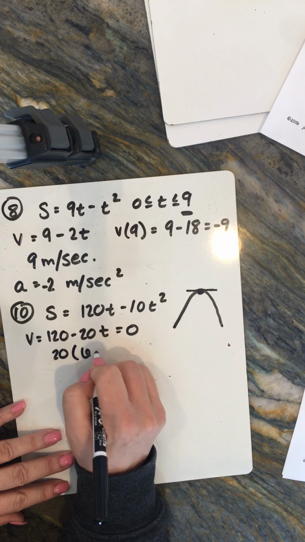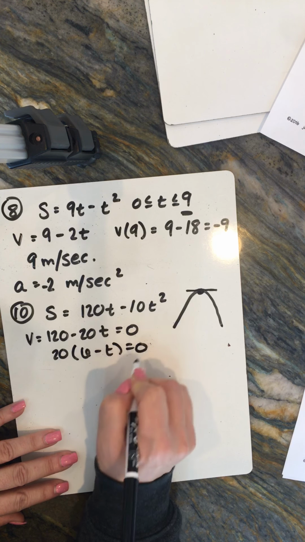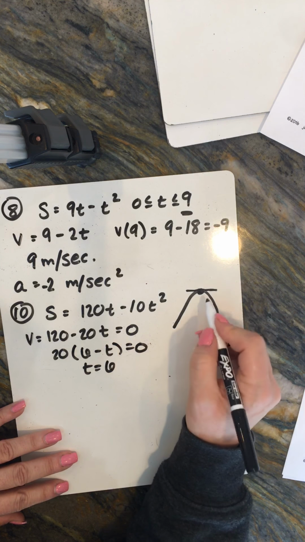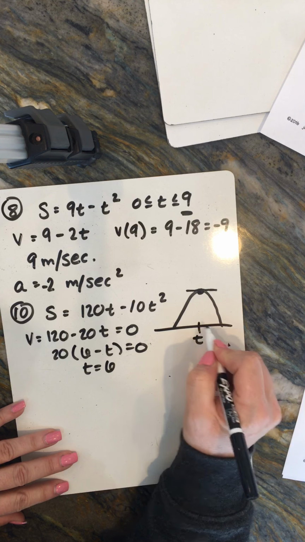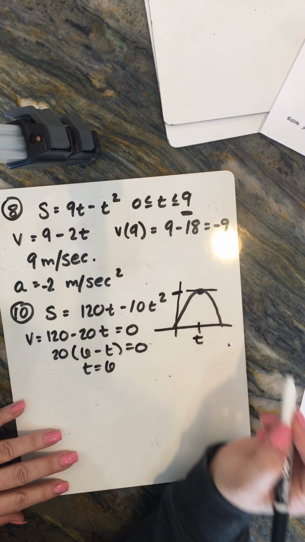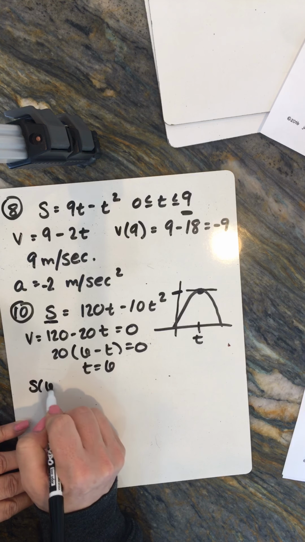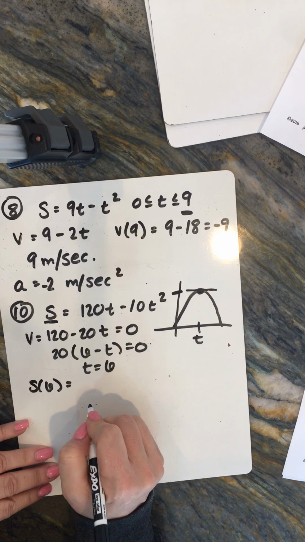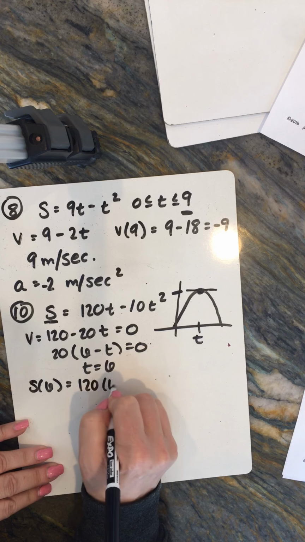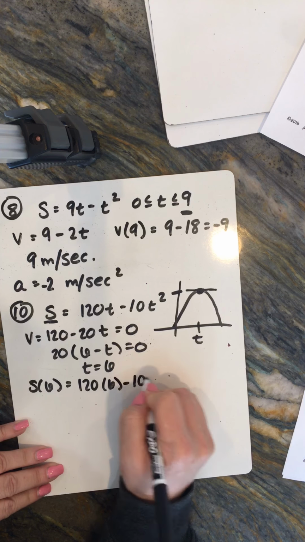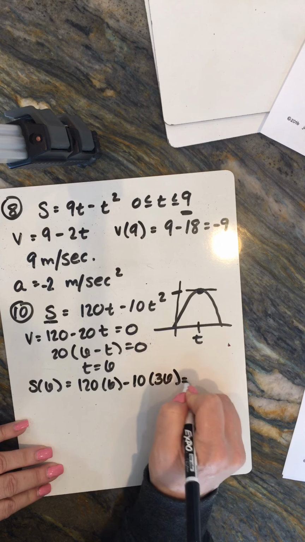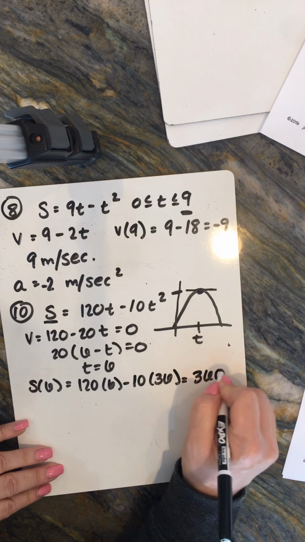So you get 6 minus t equals 0, so t equals 6, so it takes 6 seconds to get there. And now we want to know how high it is. So at 6 seconds, what is its position? So s of 6. Plugging in 6, 120 times 6 minus 10 times 36. And we should get 360 when we do that.